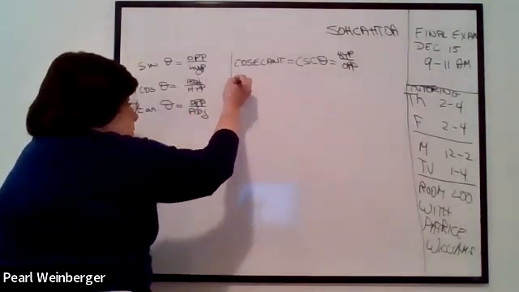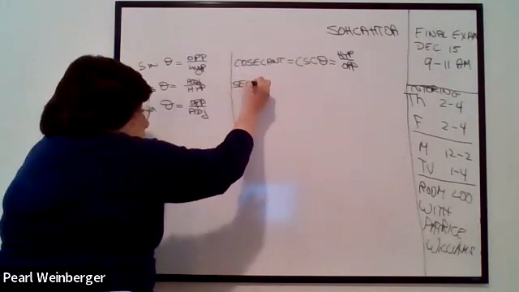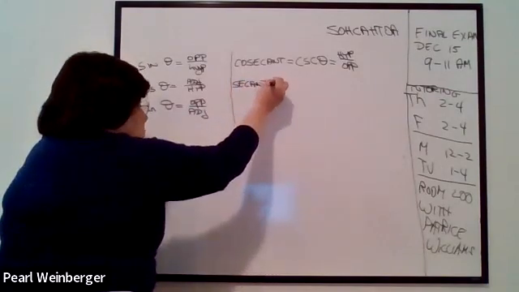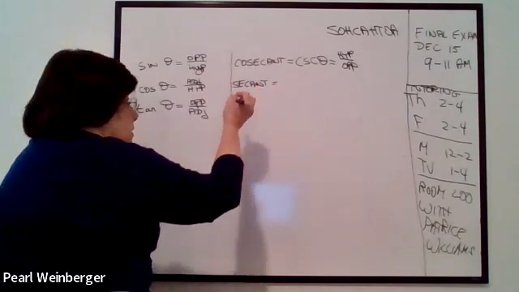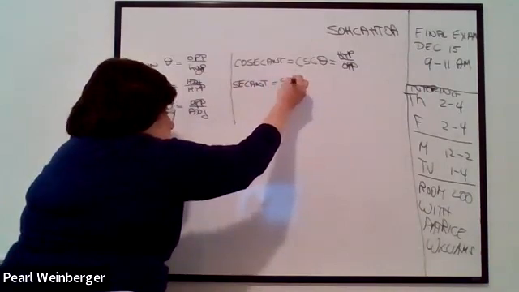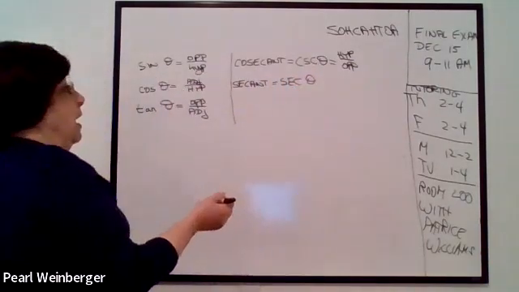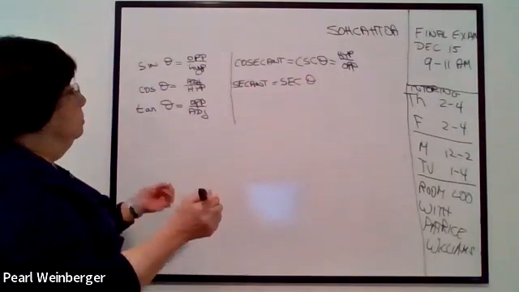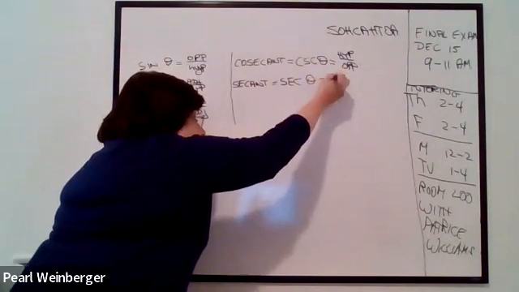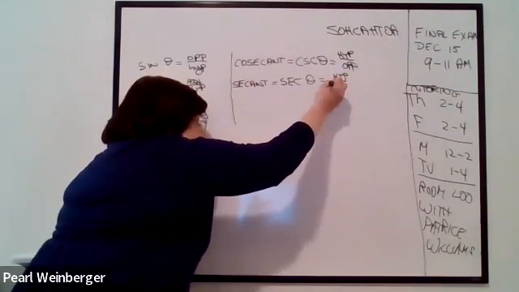The second of these secondary ones, so to speak, is something called the secant. It's abbreviated SEC. So we have the secant of theta. And it's the reciprocal of the cosine. In other words, it's the hypotenuse over the adjacent.